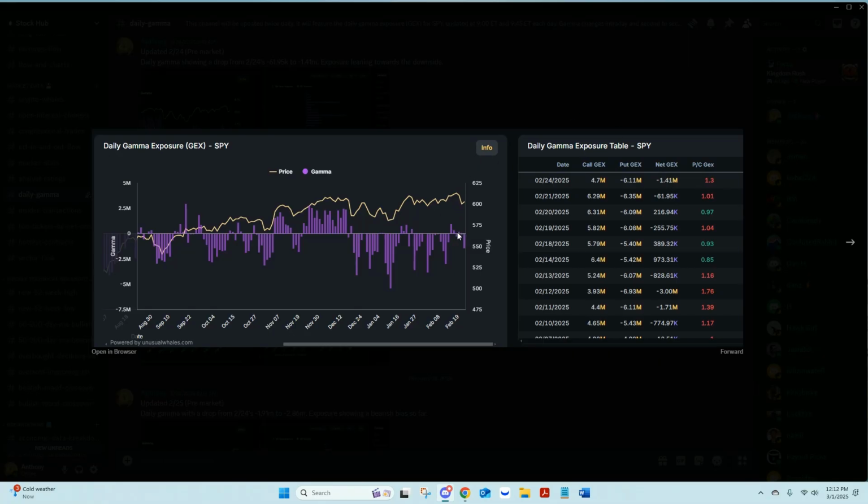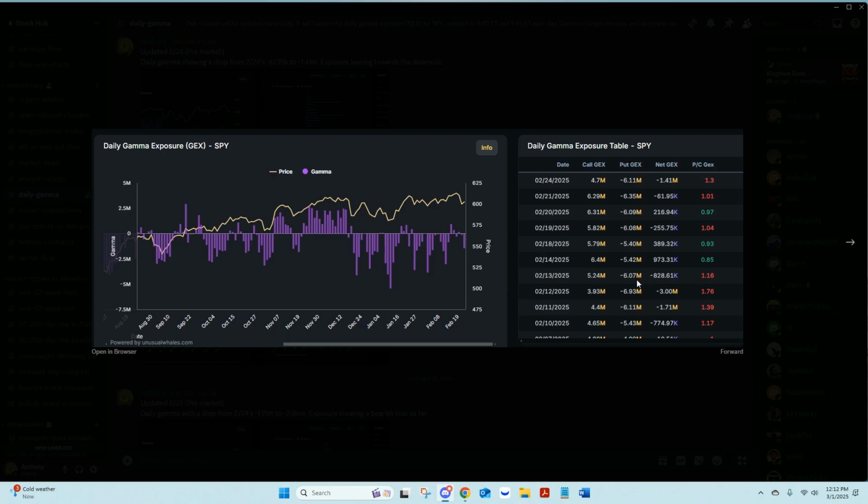Anything above this line is positive gamma exposure, and this is negative gamma exposure. So what I'm looking for are these drops or increases. Right here, you can see we had a low of 3 million, starting to slowly increase. So that was looking good for maybe a small pop in SPY.